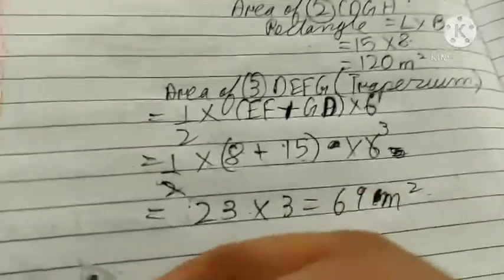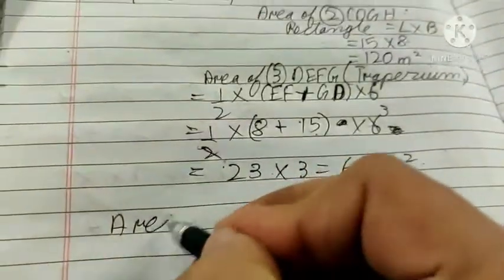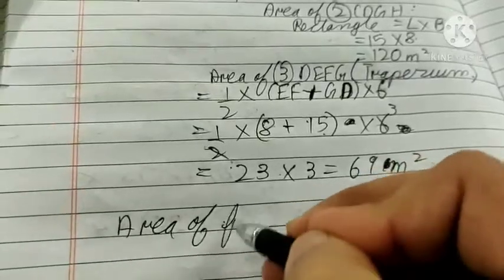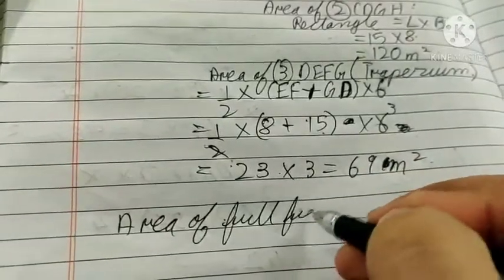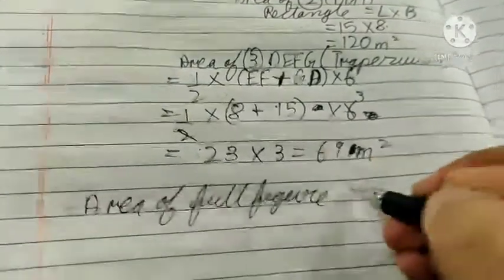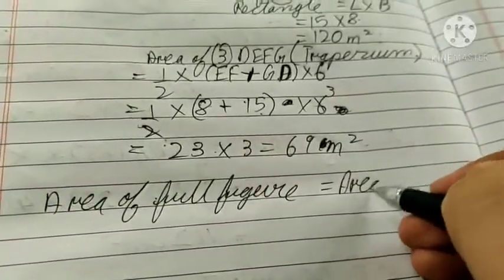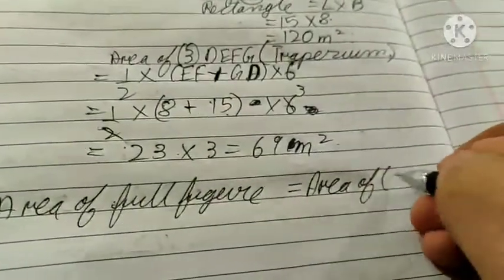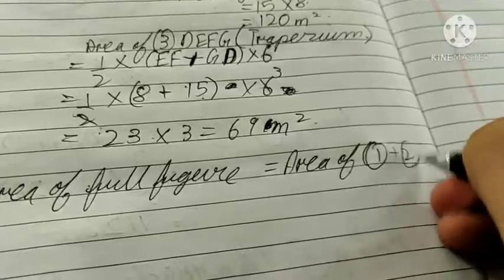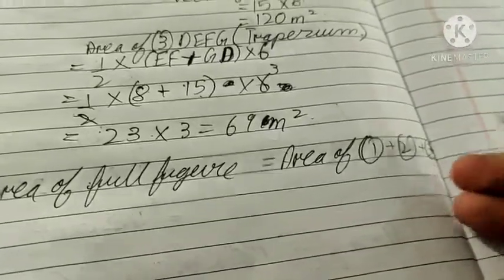square. So area of full figure is area of 1 plus 2 plus 3.